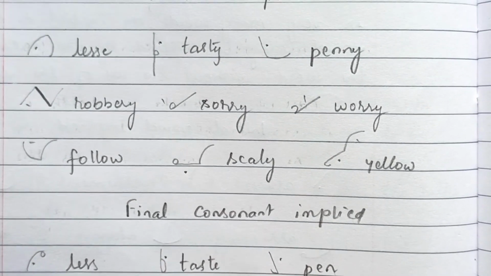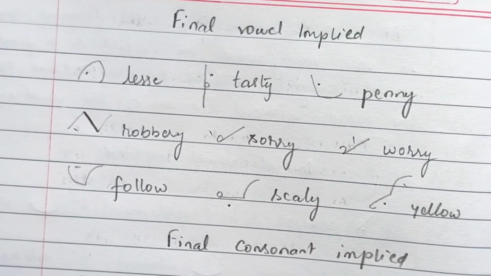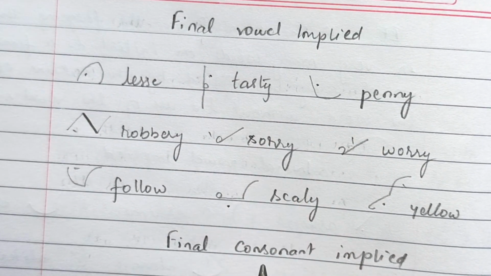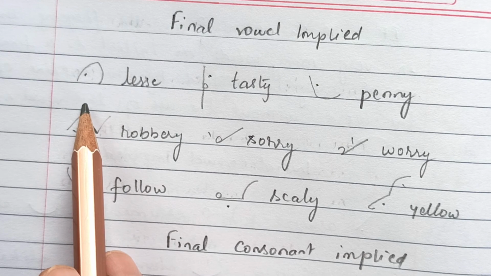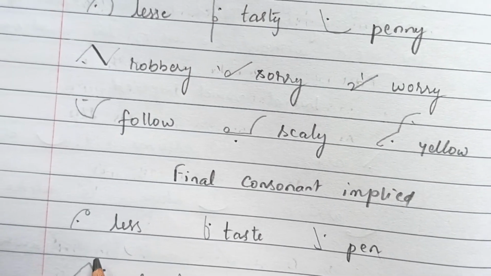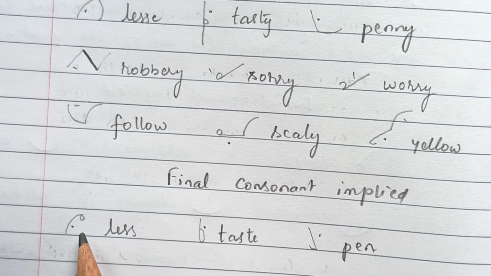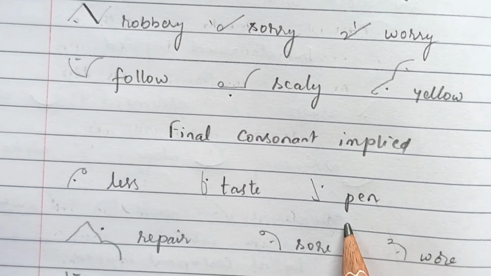So compare this with the final vowel and the final consonant. Here we have lessy, whereas here we have less. Since there is no vowel indication after S, we are writing the circle. So less, taste, pen.